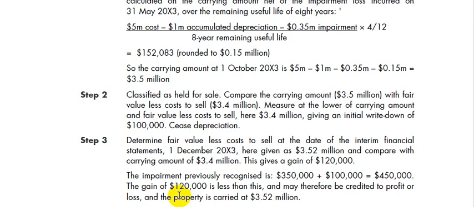We had the 350 impairment before reclassification, and then we had a 150 impairment. No, the 150 was not impairment, the 150 was depreciation. So there's only 350 impairment.